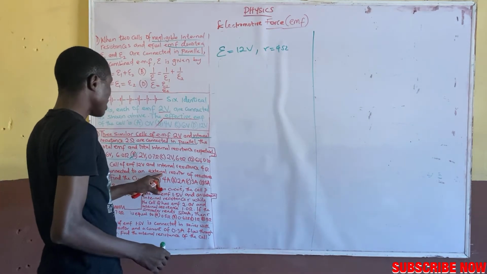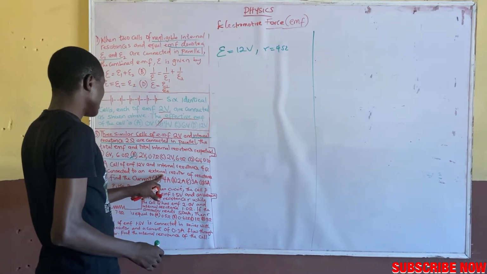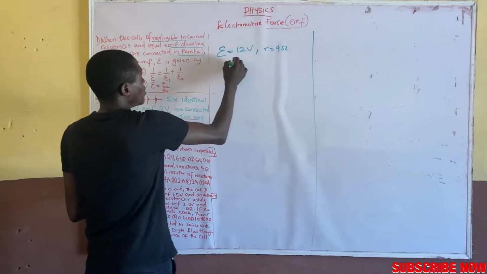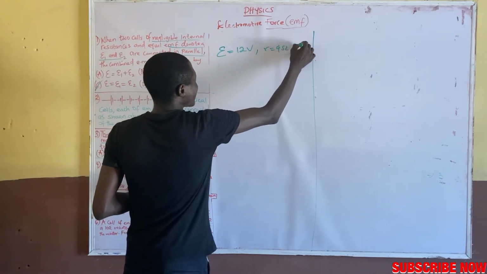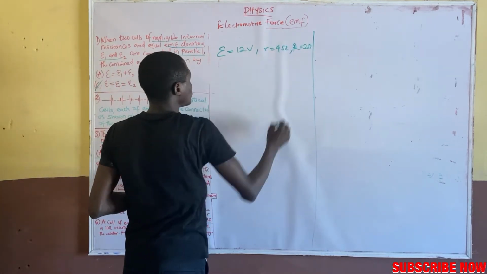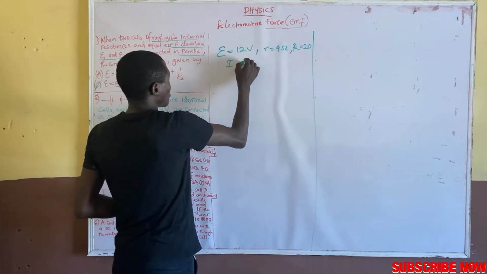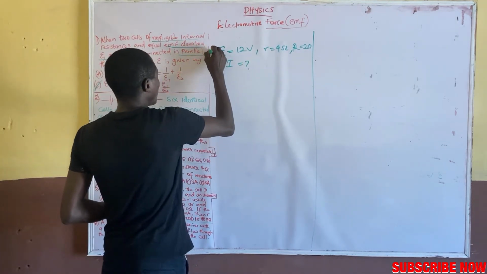It's connected to an external resistance of 2 ohm. Please note that. Calculate the current I. This is question number 4.